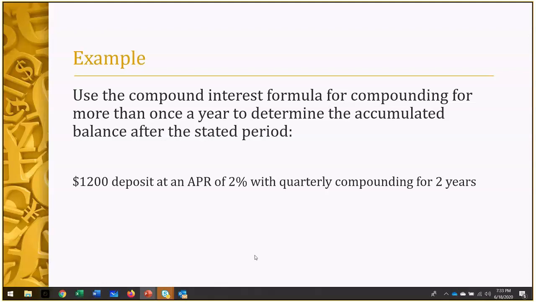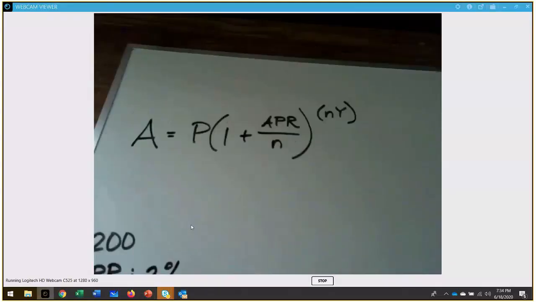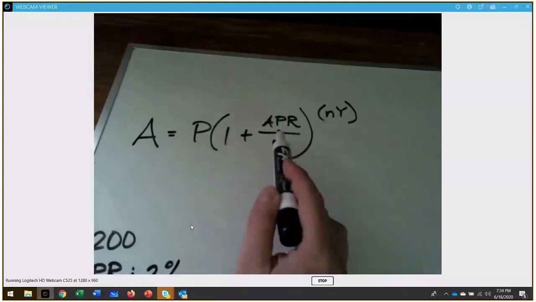So it's a $1,200 deposit. APR is 2%. Quarterly compounding. And 2 years. All right. So here's the formula for compound interest.